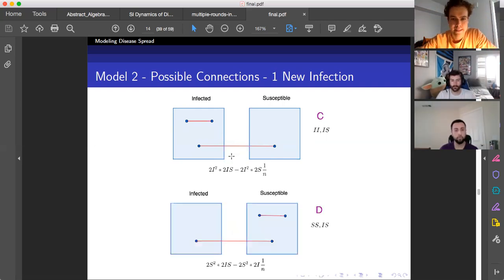And then for D, same idea here. We have SSIS. And in this case, the 2s squared times 2is is just the simple probability of these two independent connections. So 2s squared because there's two s's here, and then 2is, an infected connected to a susceptible.